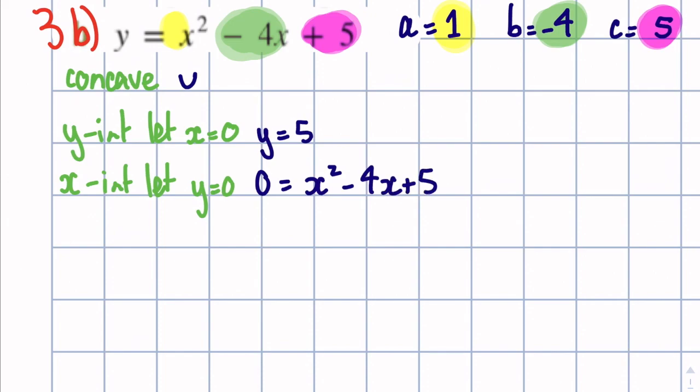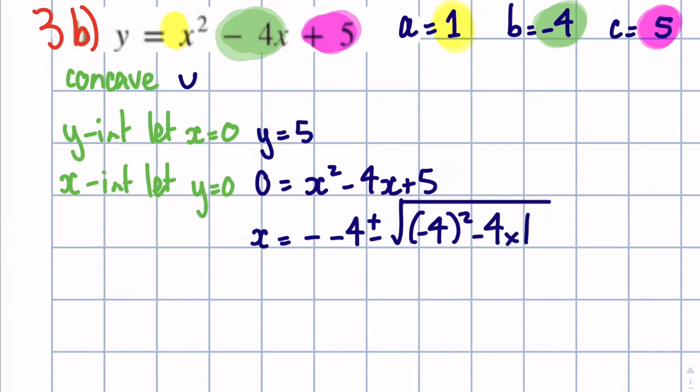So we can say very quickly that x equals minus negative 4 plus minus the square root of negative 4 squared take 4 times 1 times 5, and this is all over 2 times 1. Oh yeah, no, this one we wouldn't have been able to factorise easily. Just ignore me. I forgot that this is a positive 5, not negative 5.